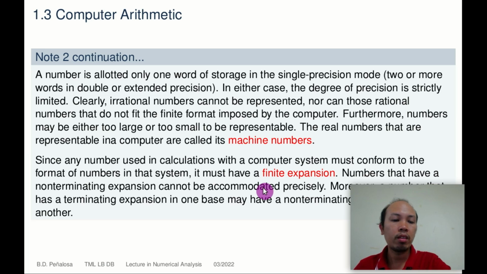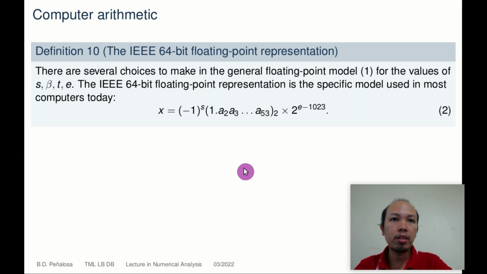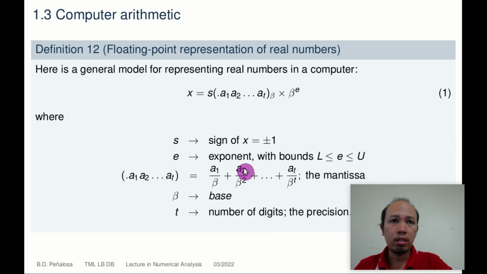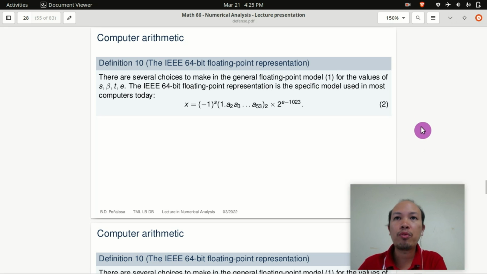So don't forget that this is the general model for representing real numbers in a computer. Okay, this is what we call the IEEE 64-bit floating point representation.